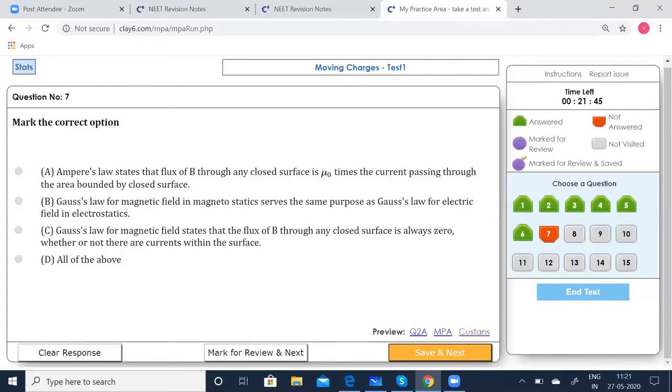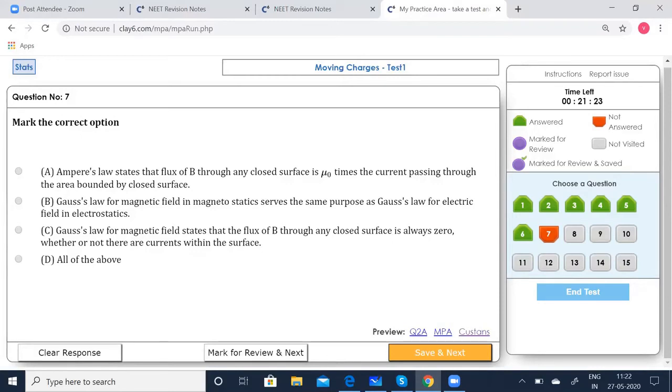Carefully read all the three statements, children. So Ampere's law, you know that it is for closed surface and it is also mu 0 times. Yes, that is true. Gauss's law for magnetic field in magnetostatics serves the same purpose. Yes, that is also true, because as I told you, Gauss's law can be applied for magnetic fields, because that is also related to charges, right? So Gauss's law can be applied here also.